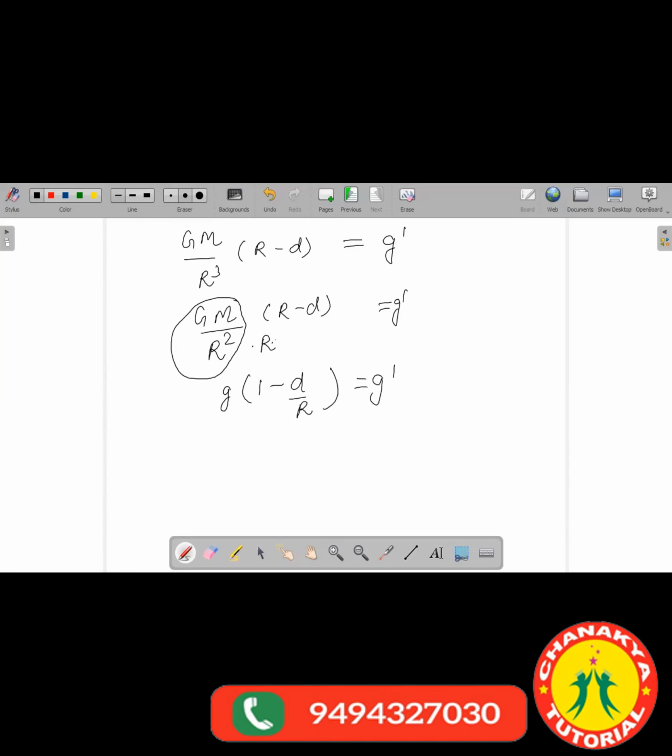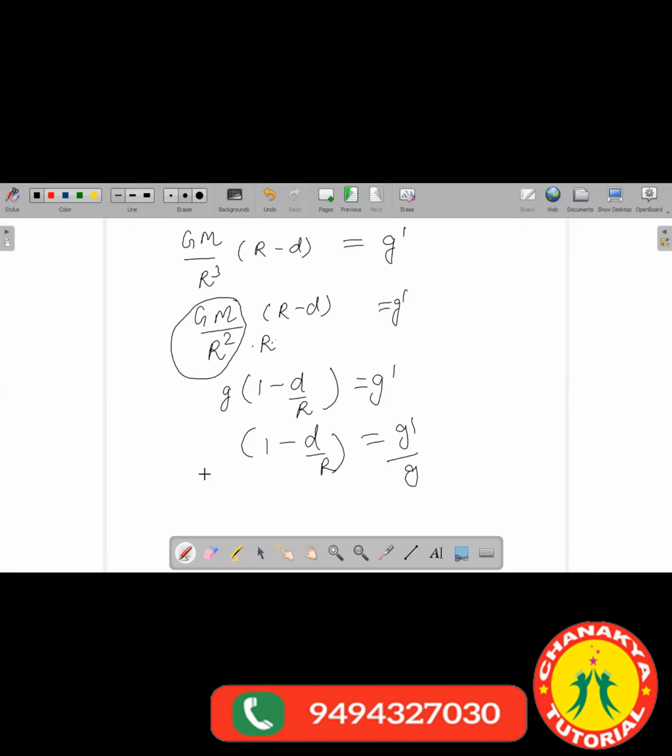So we get 1 minus d by r equal to g dash by g. So what should be the value of acceleration due to gravity at the center of earth? Zero. At the center of the earth, the acceleration due to gravity reduces to 0.